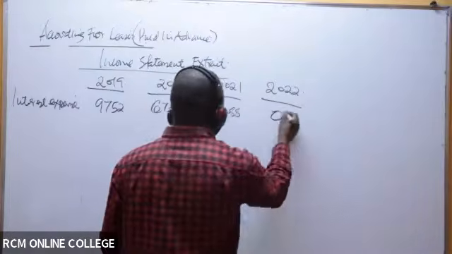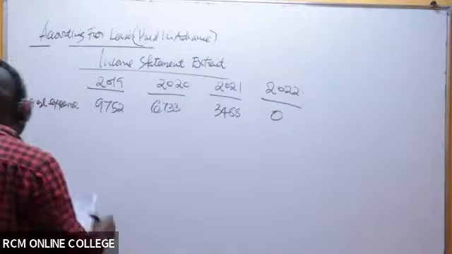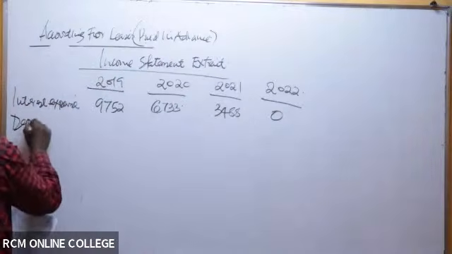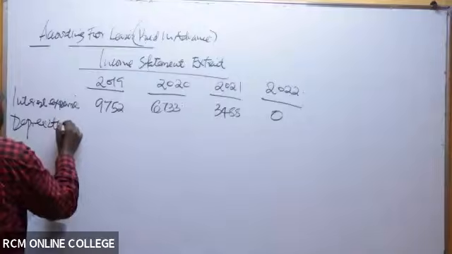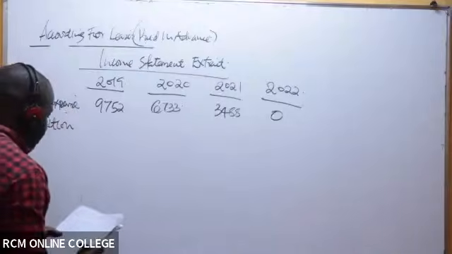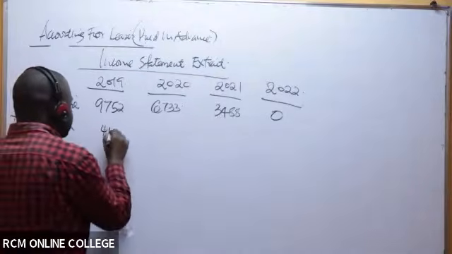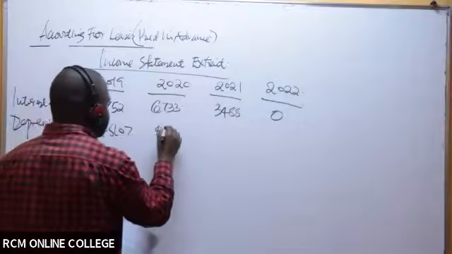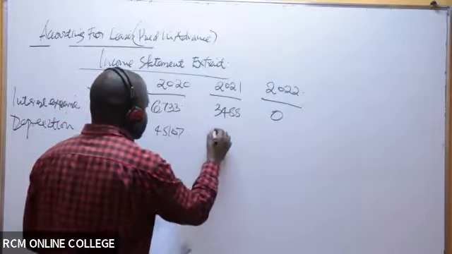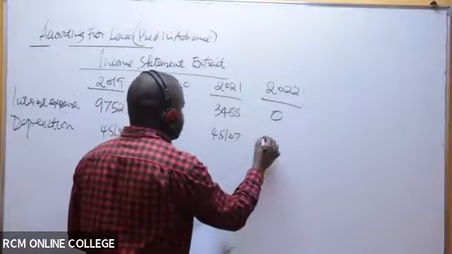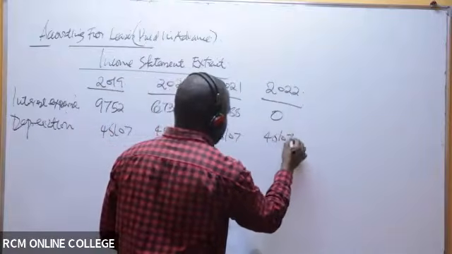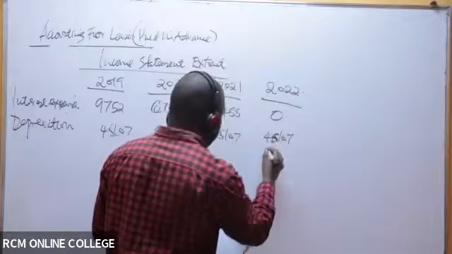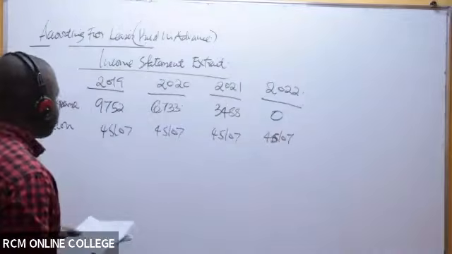Then this one is 0. Then this one is depreciation. We've computed our depreciation and gotten an amount of 45,107 for each year. So that is the income statement extract.